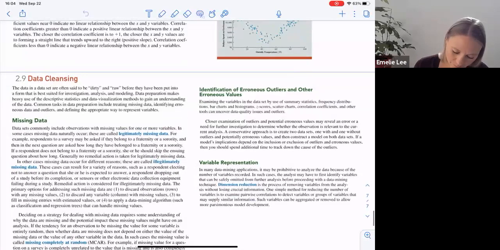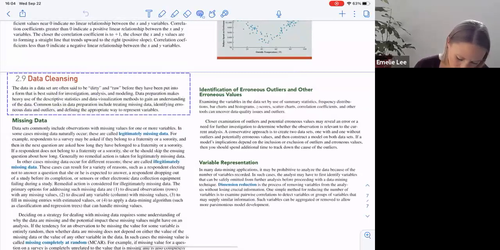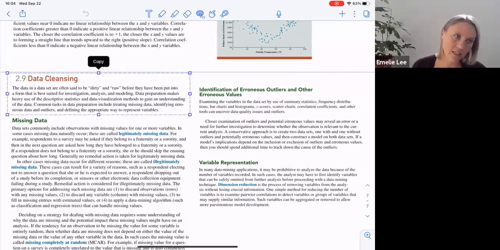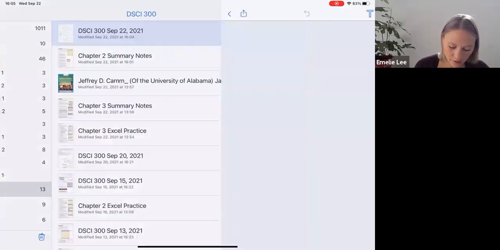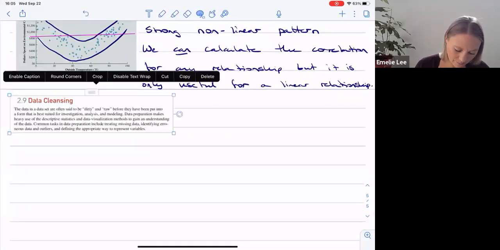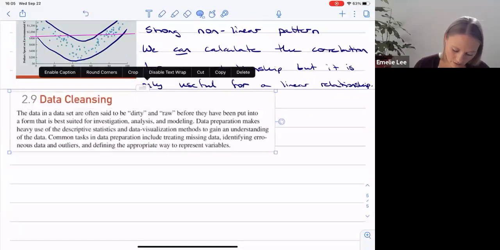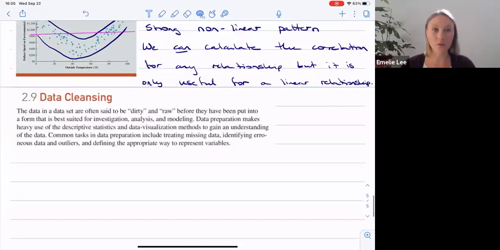All right. So the next section, and the last section of chapter 2, is about data cleansing. So how do we clean data? Usually when we get data, we need to clean it, massage it, wrangle it.